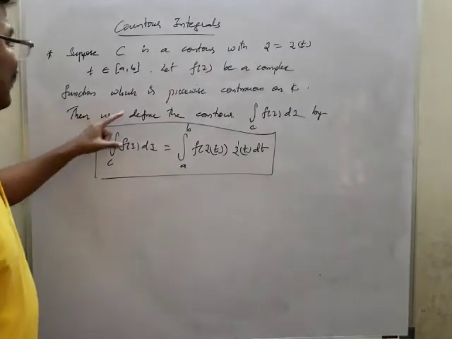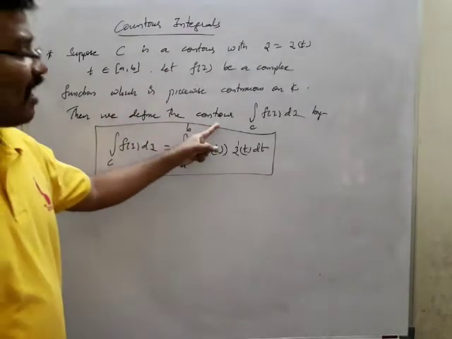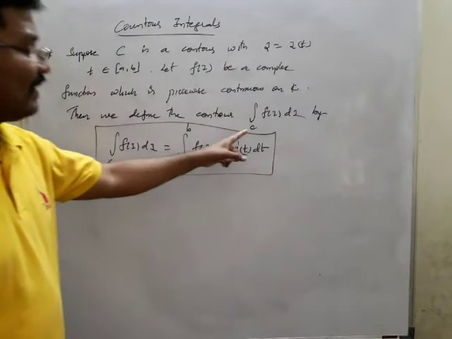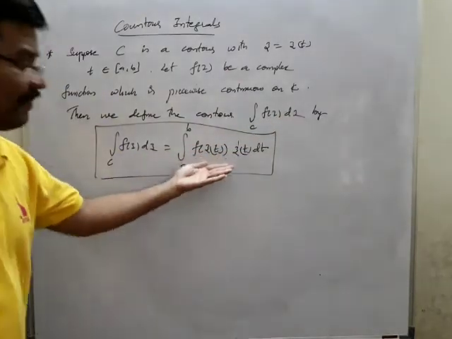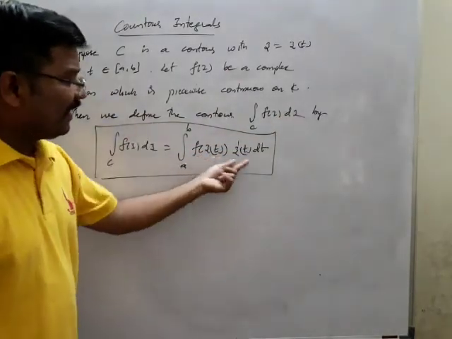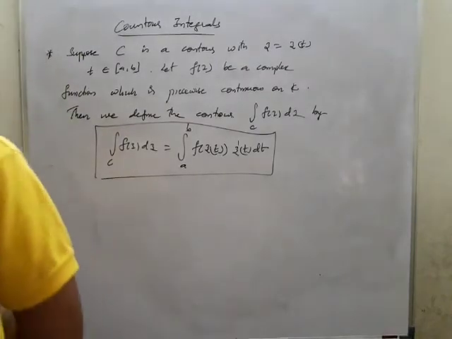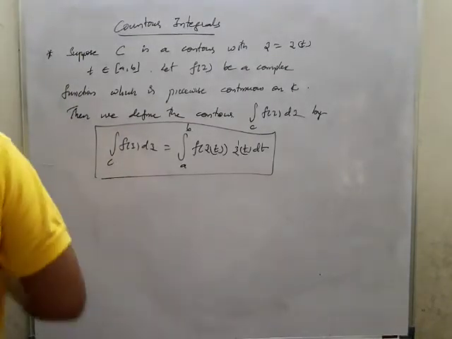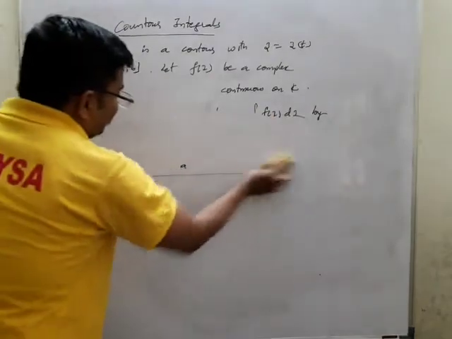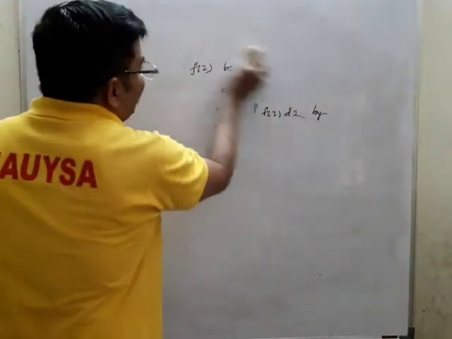Then we define the contour integral of f of z dz as the integral from a to b of f of z of t times z dash of t dt. Now we'll prove this because it's very important. If a problem is given in this form, then you can easily solve it.